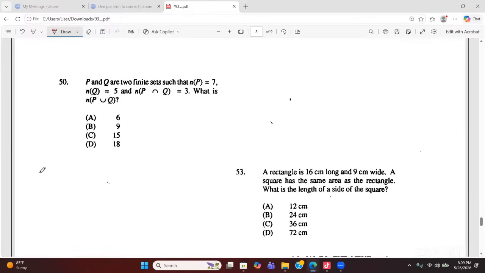If I want to find the number of elements in P union Q, it's going to equal the number in P plus the number in Q minus the number in P intersect Q. This same formula, look out for it.